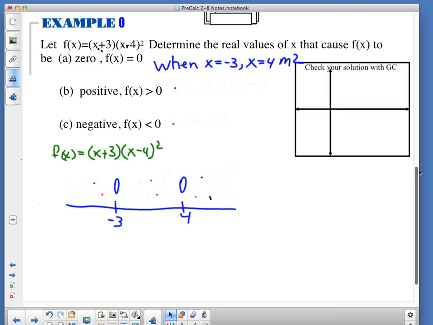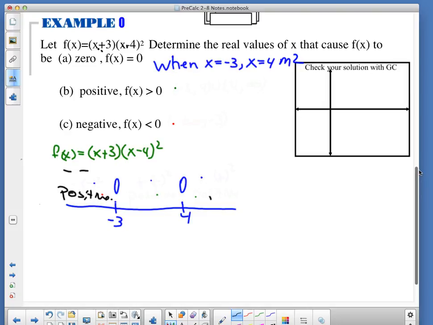Well, that's going to be a negative value, right? Negative 10 minus 4, that's going to be a negative. So what's a negative times a negative? Positive. So I know my function's above the axis when I'm looking at the graph there, without even looking at the graph. This is a skill I need to make sure you have. So it'll be positive in this section.